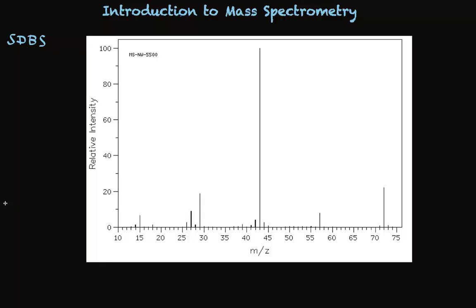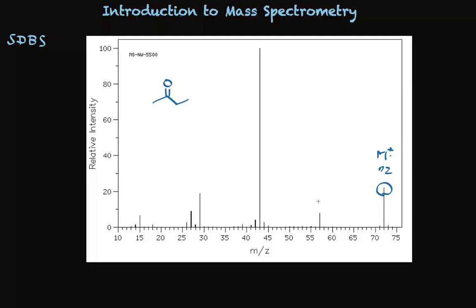This is a mass spectrum for a compound we call 2-butanone. The heaviest peak is at 72, and this is the molecular ion. These are the weights of fragments.